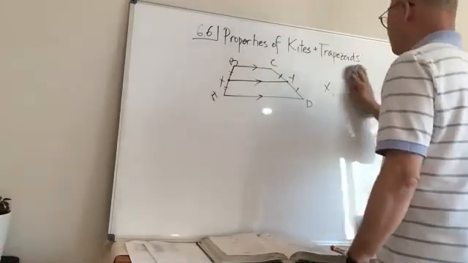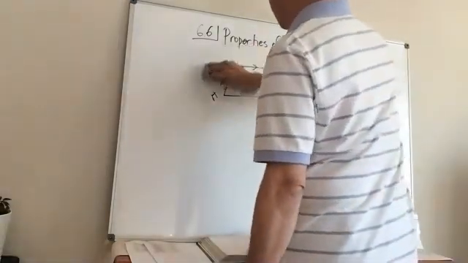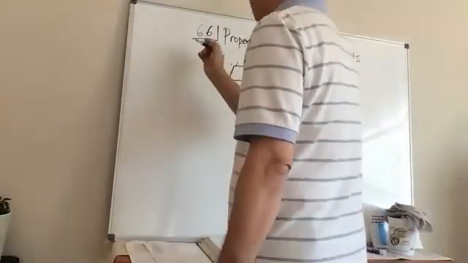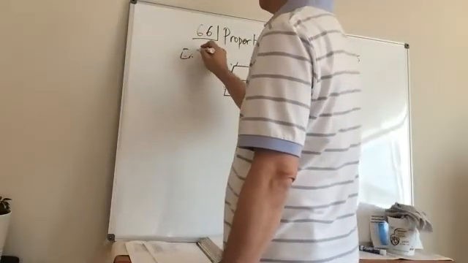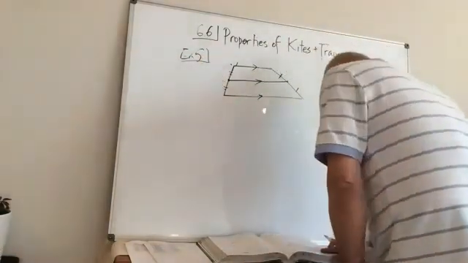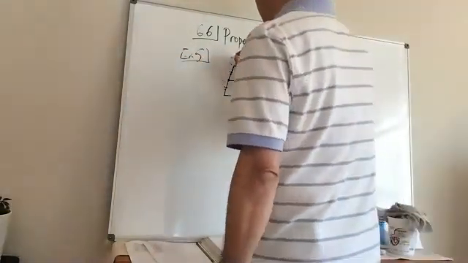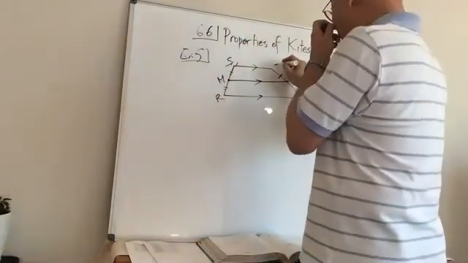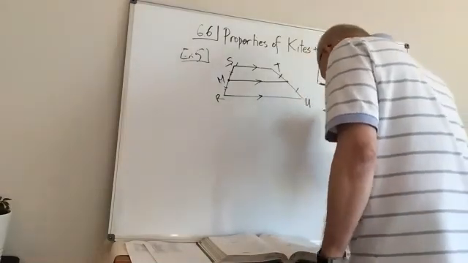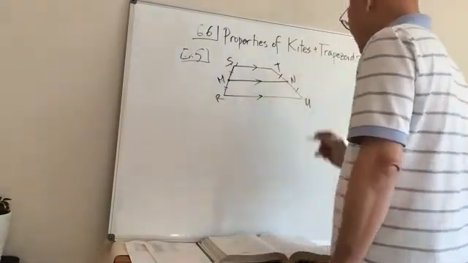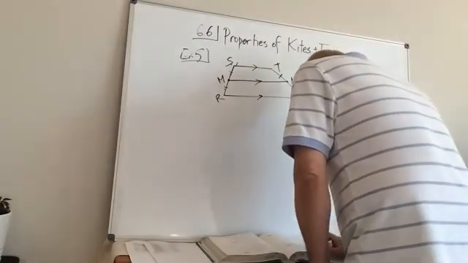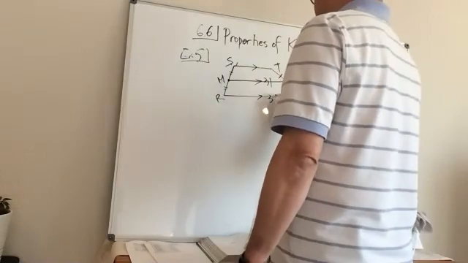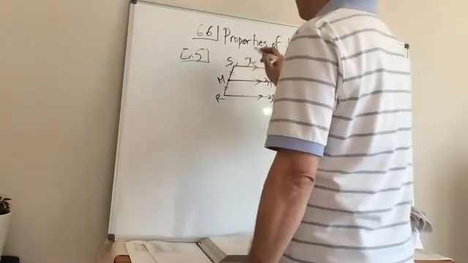Okay? So let's go ahead and see if we can use this to do example number 5. Example number 5, I have S, M, R, S, T, U, and I have M and N. Find ST. So this is 31, this is 38, and I'm trying to find ST right here.